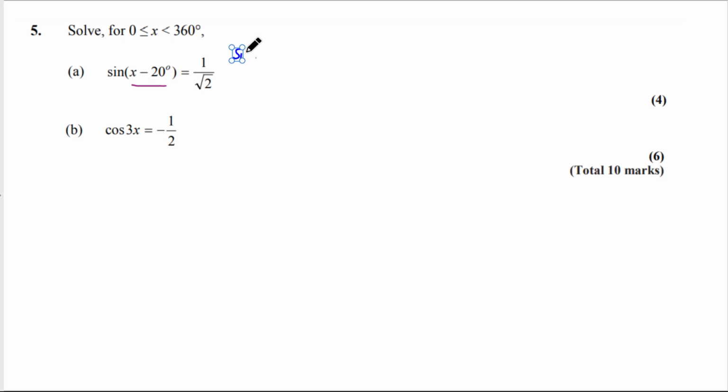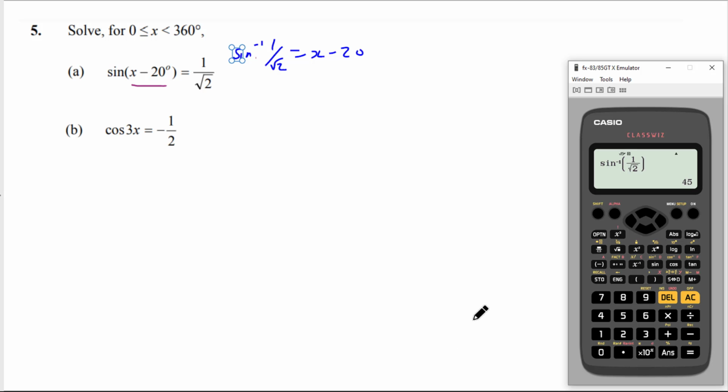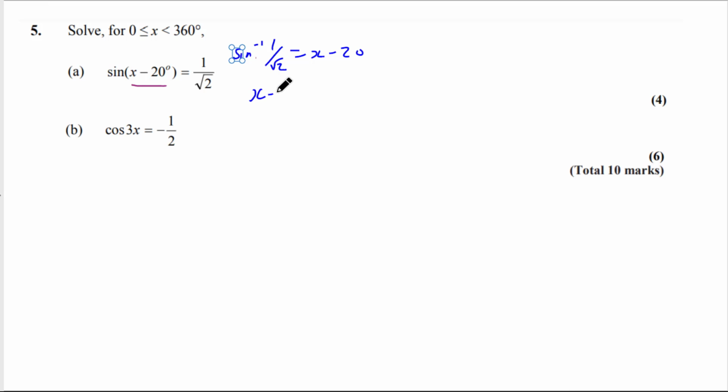So for this question, we're going to inverse sine 1 over root 2 to find out what x minus 20 is. So we whack that into the calculator. We can see now that x minus 20 equals 45.